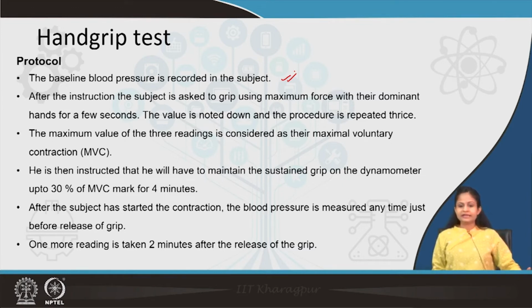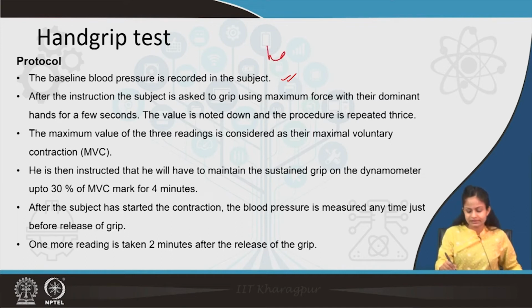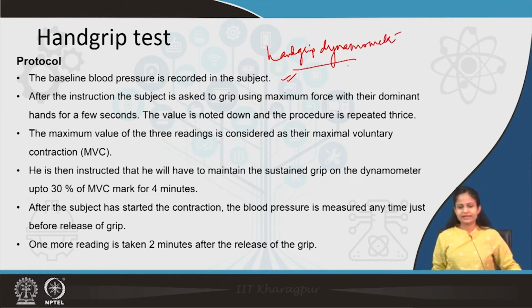We use an instrument over here, that is the hand grip dynamometer, where we usually perform isometric exercises. So, we ask the subject to grip maximally with maximum force with their dominant hand for a few seconds. Now, the value of this maximum grip is noted in terms of maximum voluntary contraction.